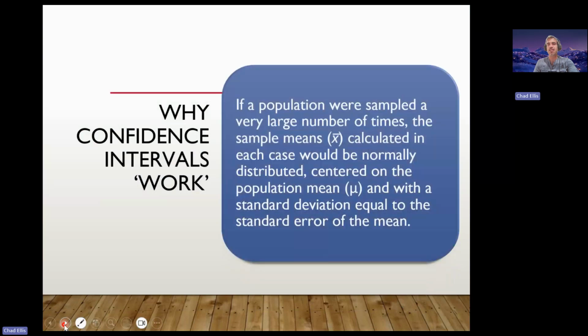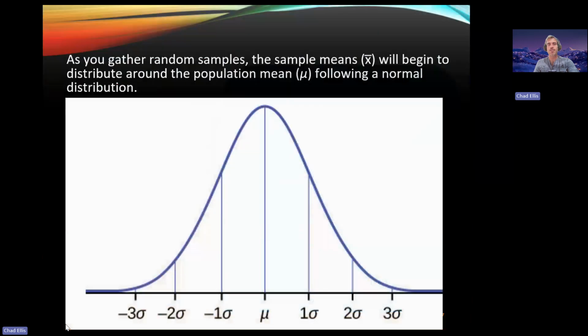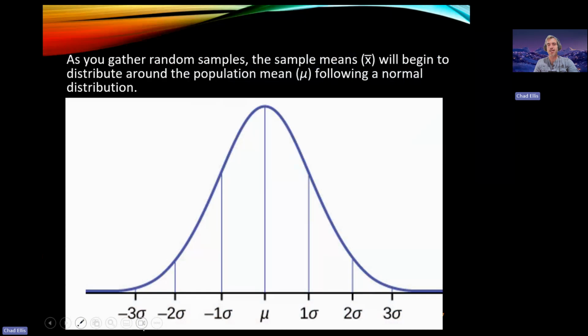So this is why these confidence intervals work. The idea is that if we go and take a whole bunch of sample means, the assumption here is that those sample means, when we plot them up, will start to form a normal distribution. So they'll be normally distributed, these sample means X bar, around the population mean. This is essentially the central limit theorem in practice. So what do I mean here? Well, imagine here's my population mean, which I am trying to predict using my samples.